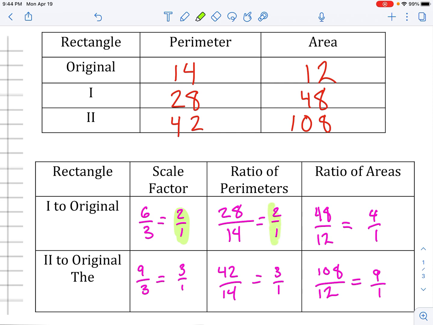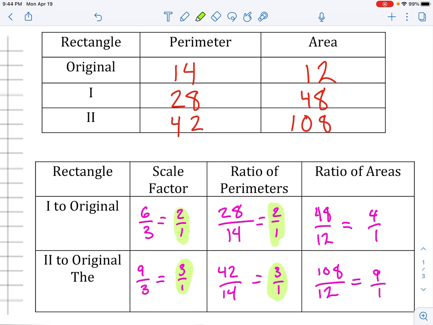It's kind of crazy to think that the ratio of the scale factor and the ratio of the perimeter, if you simplify them both, are equal to each other. That's kind of cool. And it's obviously true down here as well. Those are equal to each other after you simplify the ratios.